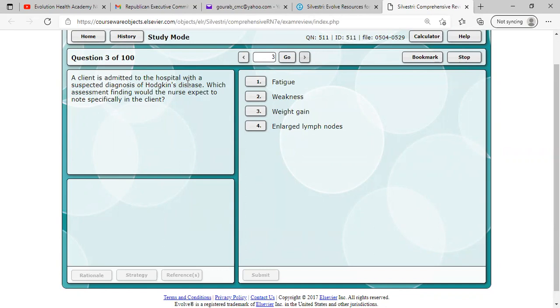So in case of Hodgkin lymphoma, it is basically cancer, and this cancer originated from a specific type of white blood cell we call lymphocyte.